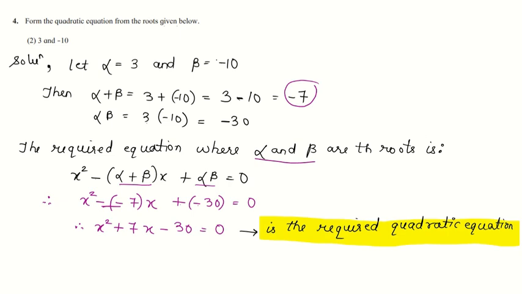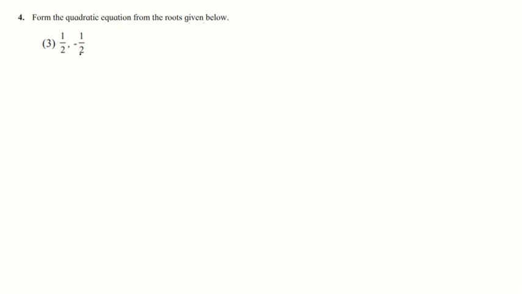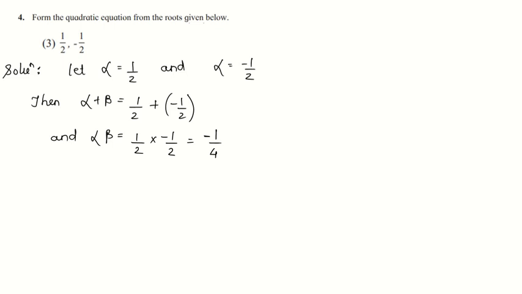Once done, we will move on to the next roots that are given: 1 upon 2 and minus 1 upon 2. These are the roots given and we need to form the quadratic equation. So let alpha be equal to 1 upon 2 and beta be equal to minus 1 upon 2.